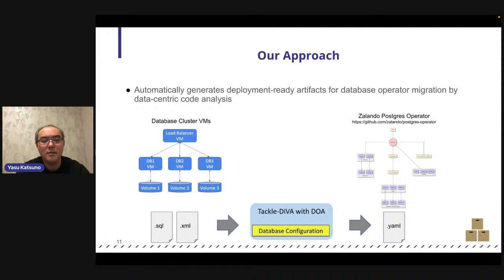You can see the left side is a database cluster on VMs. The right side is the Zalando Postgres operator. The input is a SQL file, which holds the database definitions, and an XML file, which holds the database cluster configurations.